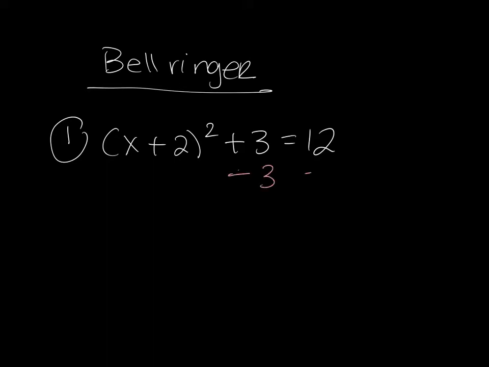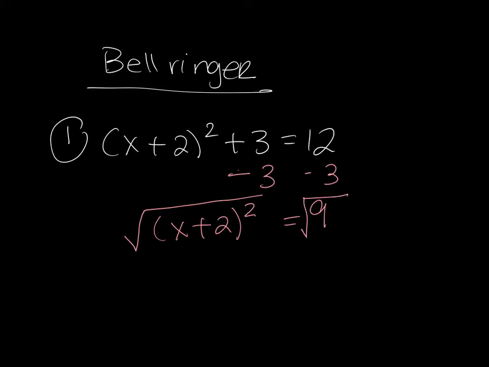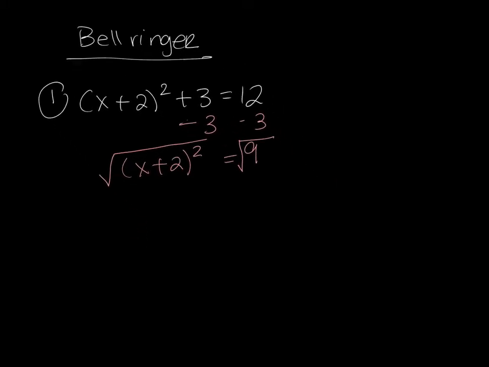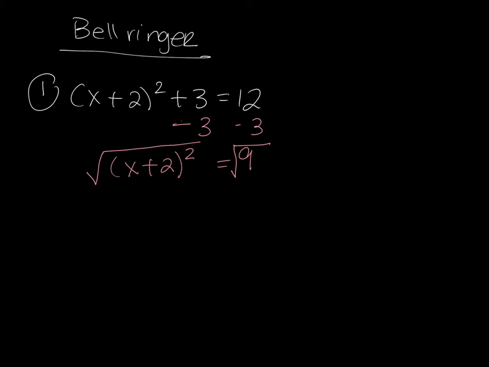Subtract 3 from both sides. So we get 9 equals (x plus 2) squared. The inverse of something squared is taking the square root. We've done this before. So the square root of 9 is 3, and it's also negative 3.